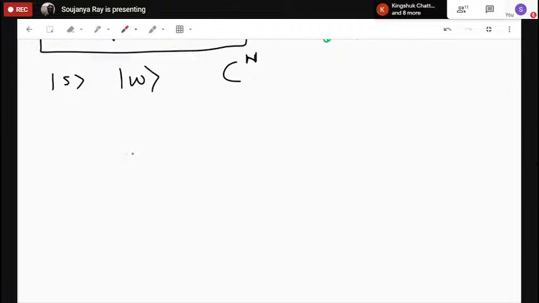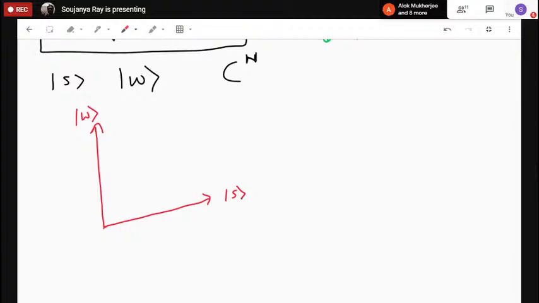Let's use the red. So this is the W in the vector space, and I'll not exaggerate, but this is the S state. So remember, S is the superposition state of all the qubits, and W is just the searchable item that we are searching. So this is what it is.